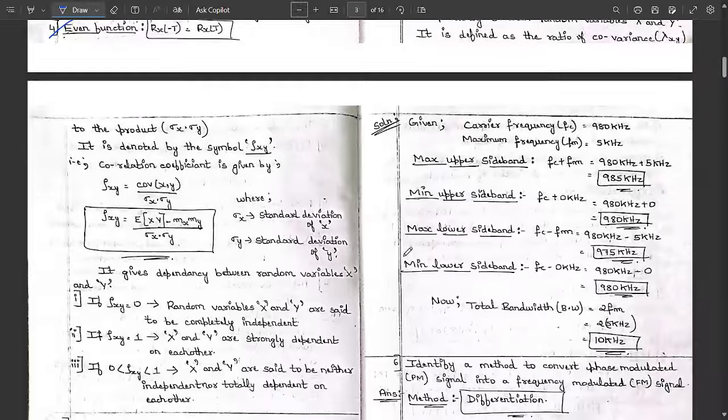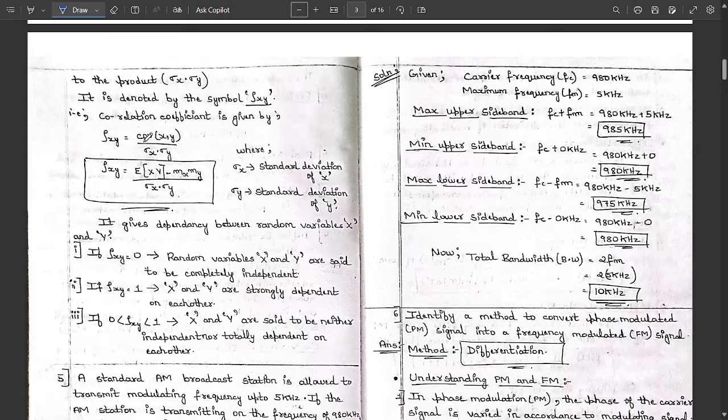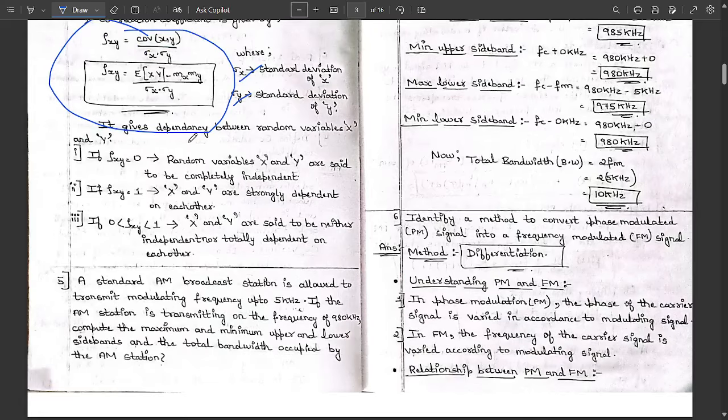And here is the relationship between all of these and the standard deviations, all interrelated to each other by this formula. Here the standard deviations are mentioned, that is sigma x and sigma y. It gives the dependency between the random variables x and y, and here is the relationship with the standard deviations when the coefficient is equal to 0, equal to 1, and between 0 and 1, and what occurrences are going to happen. It's mentioned beautifully. You can pause the video and refer to it.